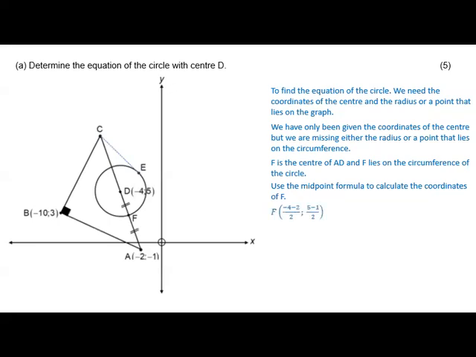That's how you will find the coordinates of F. -4 minus 2 will give you -6, and 5 minus 1 will give us 4. -6 divided by 2 will be -3, and 4 divided by 2 will be 2, which will give you the coordinates of F. The x coordinate of F is -3, and the y coordinate of F is 2.